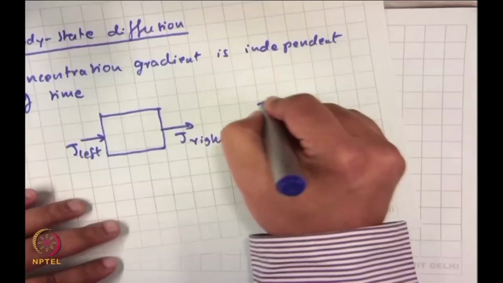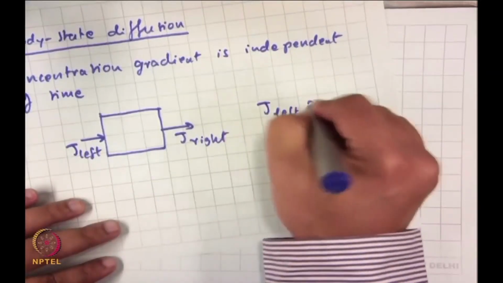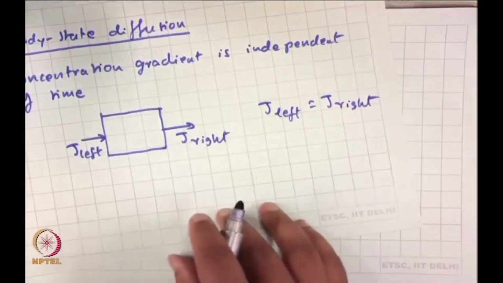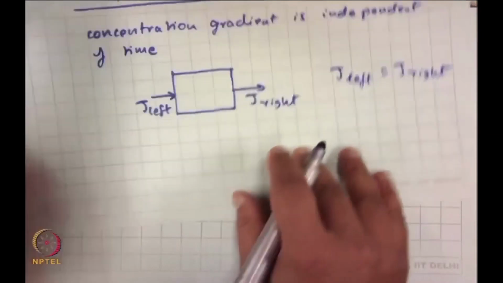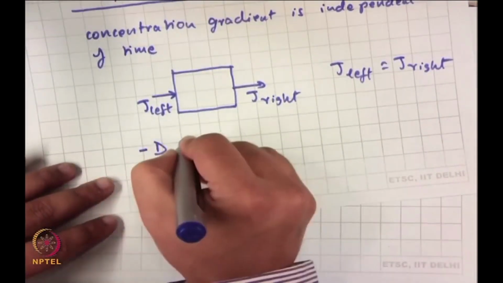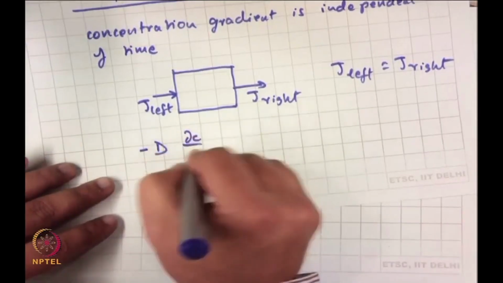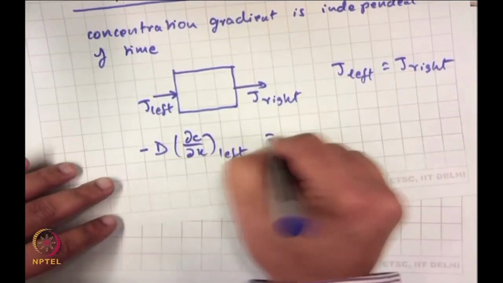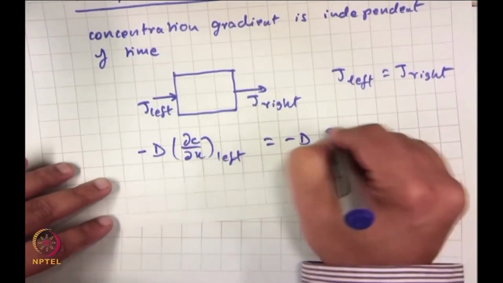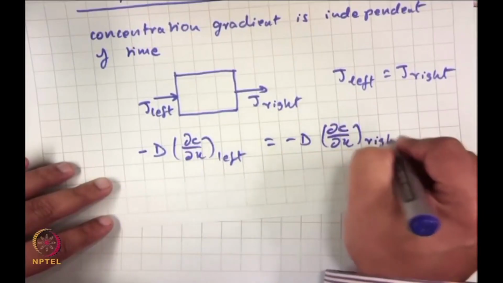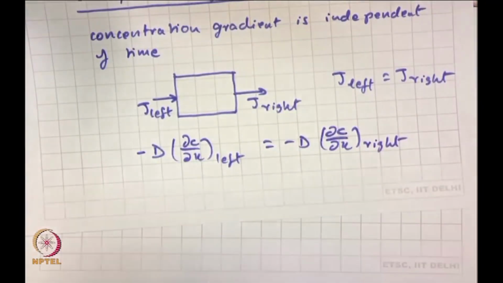I should write J left is equal to J right, and if I do that, then I can write minus D del C over del x on the left is equal to minus D del C over del x on the right, because that is how you define J, right.